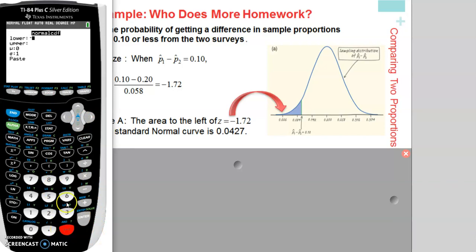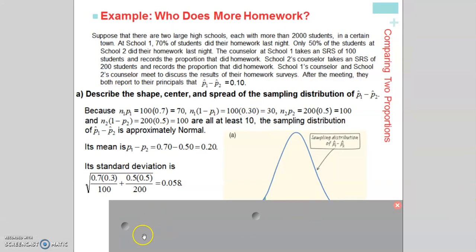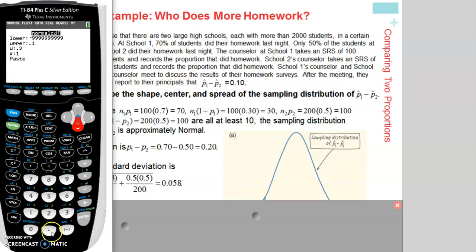So normal CDF from a really negative number up to 0.1 for a distribution centered at 0.2 with a standard deviation of, what did we get? 0.058.